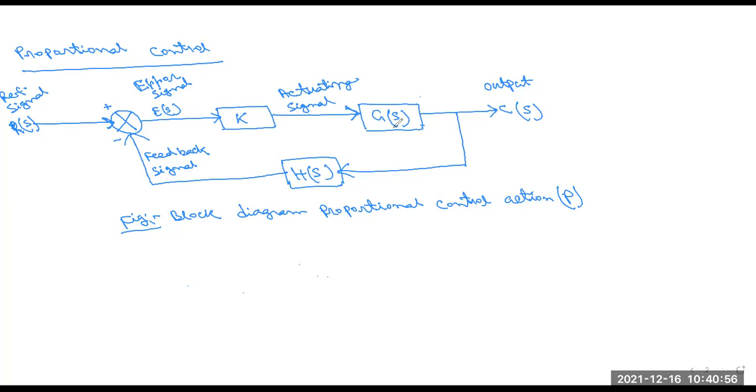This is the process or plant, denoted G(s), and this is the corresponding output signal C(s). We know that the transfer function of any closed loop system is C(s)/R(s) equals G(s)/(1 + G(s)H(s)). H(s) is the feedback path, G(s) is the controller part. So this is the block diagram of the proportional controller.